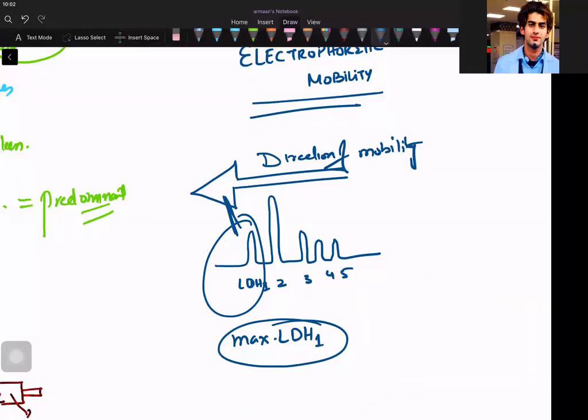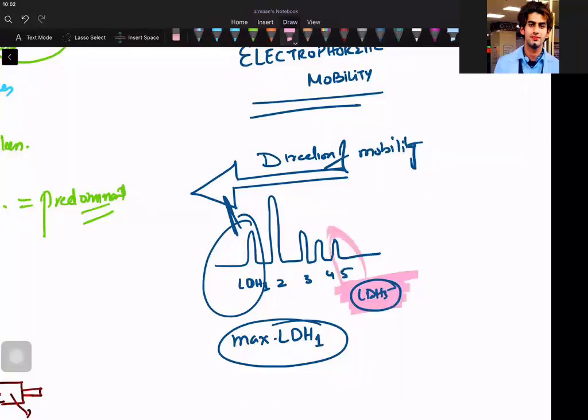If I talk about LDH5, LDH5 is far away. It's moving at a very slow pace. So I say it has the least electrophoretic mobility, or it has moved least. So LDH5 is least.